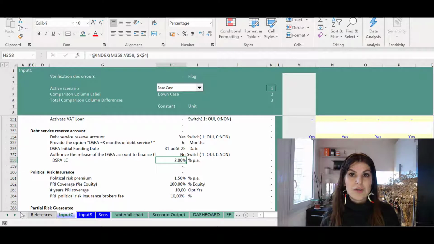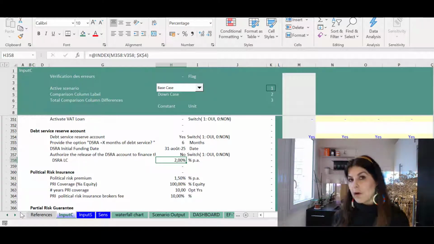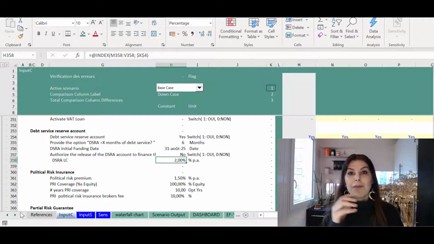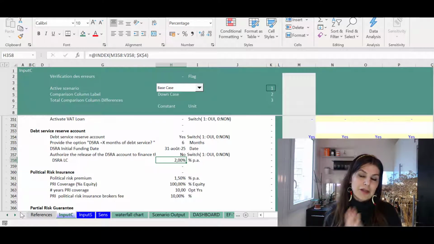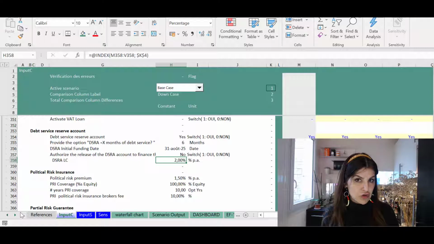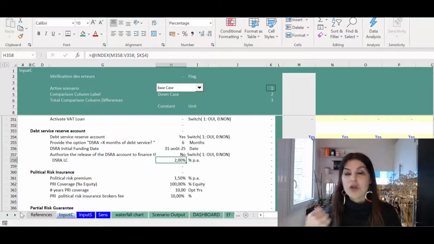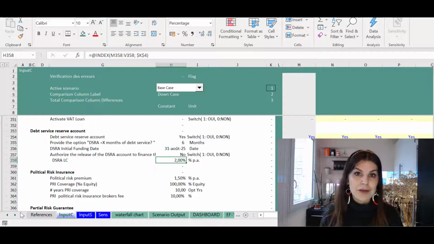You can show them what will be the impact of pre-funding, not pre-funding, and by how much to fund. You can see the impact directly on the project metrics like the debt service cover ratios and the IRR, and based on these arguments, you can go and negotiate a better contract. And that's for both lenders and sponsors and anybody else involved in the project.